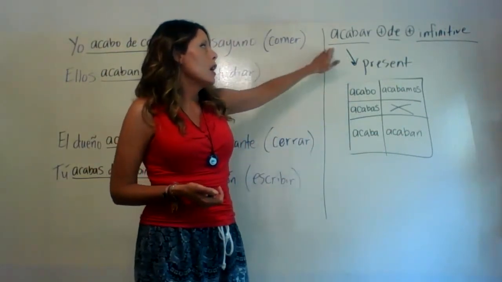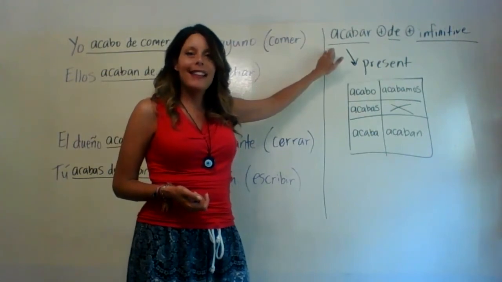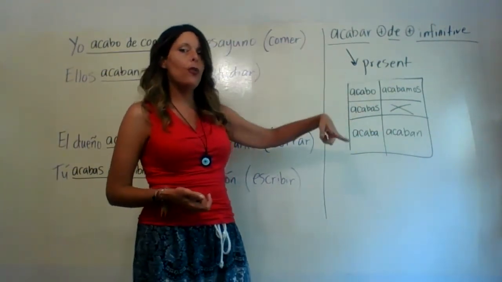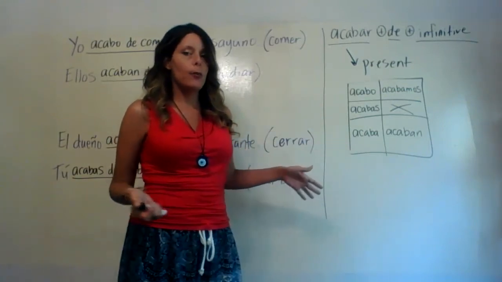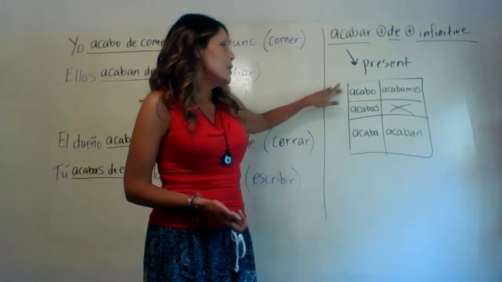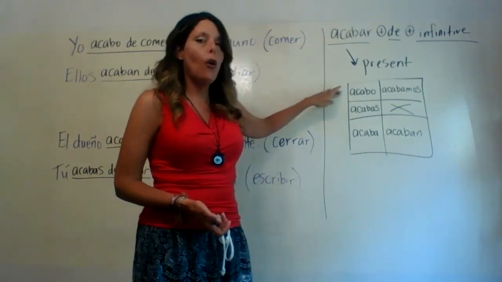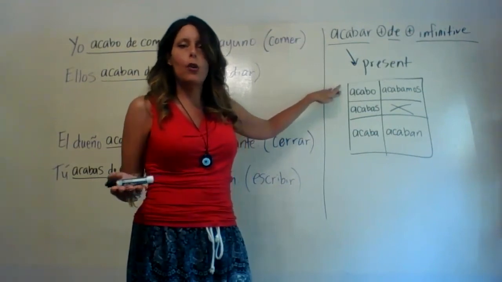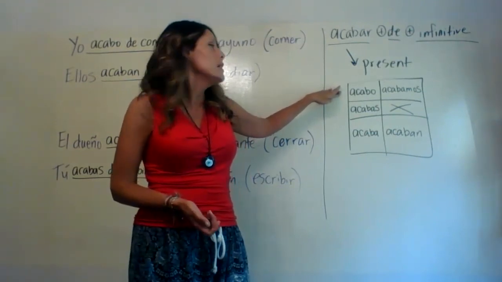You are going to conjugate your verb acabar in the present tense, and I have this here for you. If you can't read it perfectly, I will read it to you. So it would be yo acabo. Obviously, you can look in your course materials for the spellings for all of these.